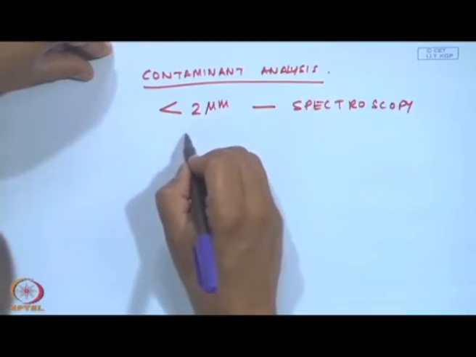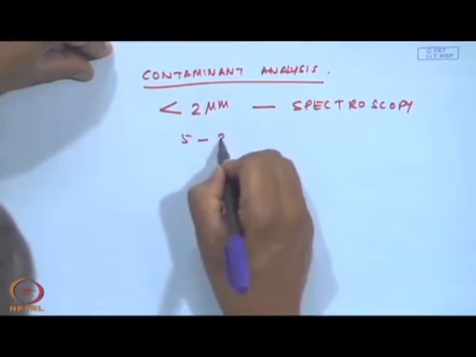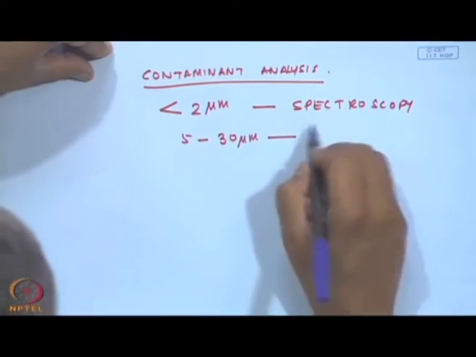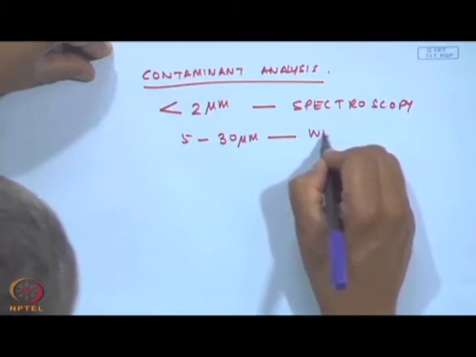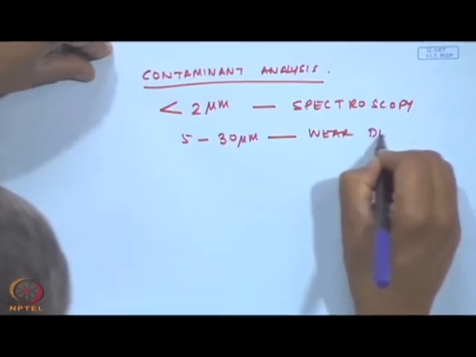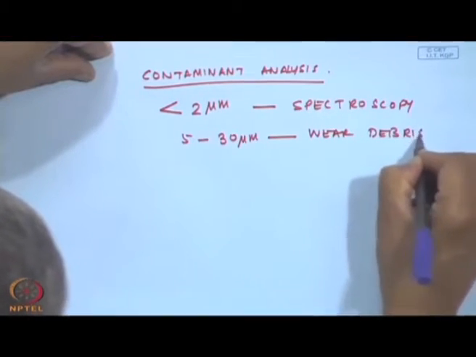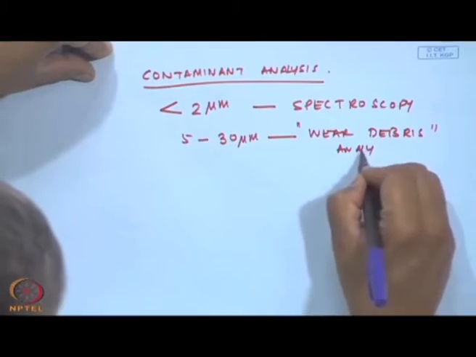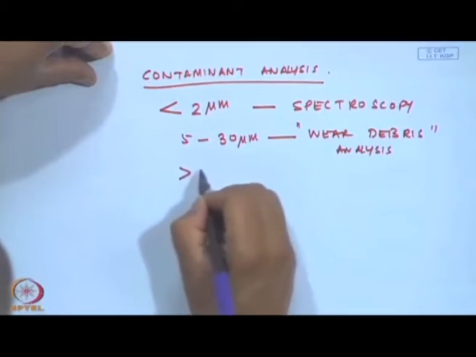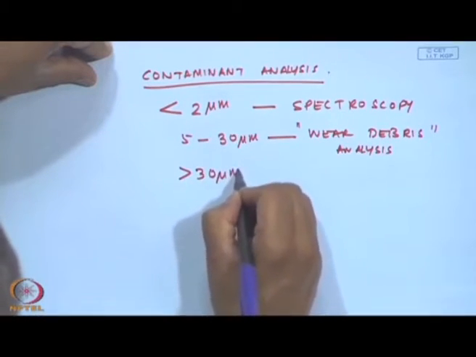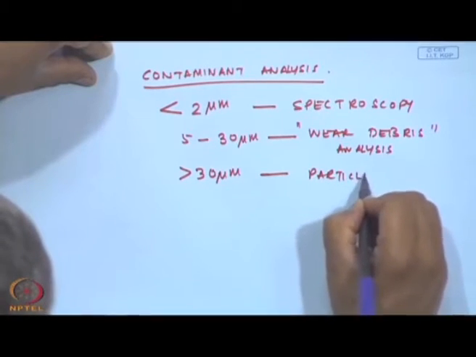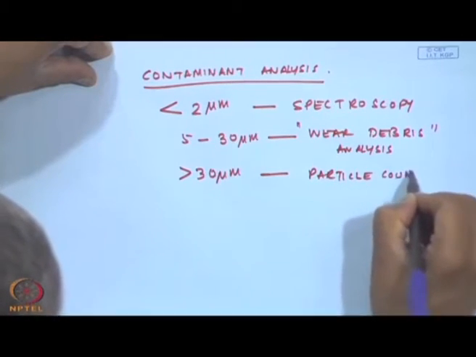If it is between 5 to 30 micron, I can use what is known as the wear debris analysis. And if it is greater than 30 micron, I can use what is known as the particle count.